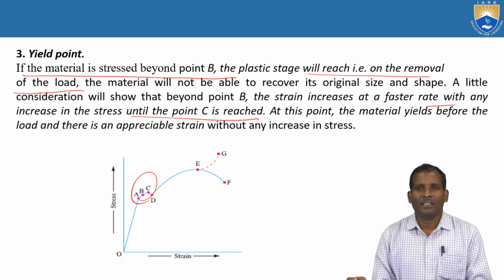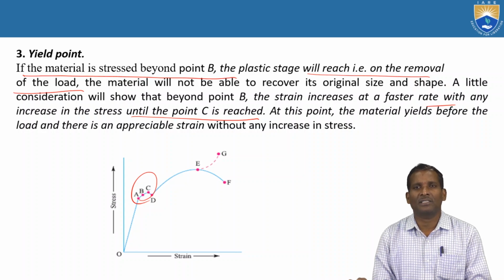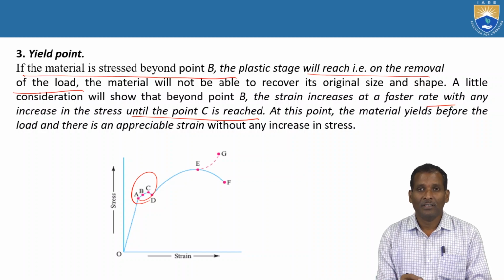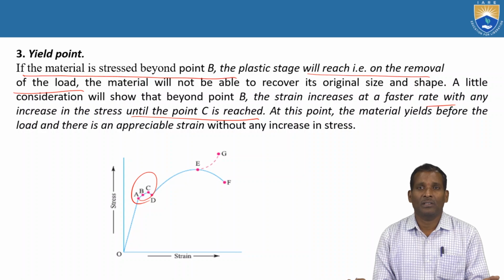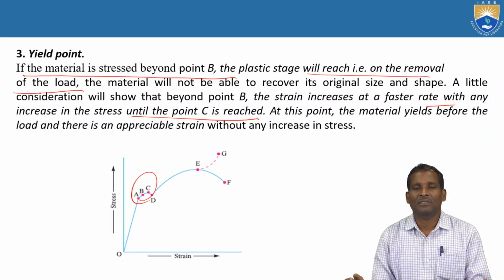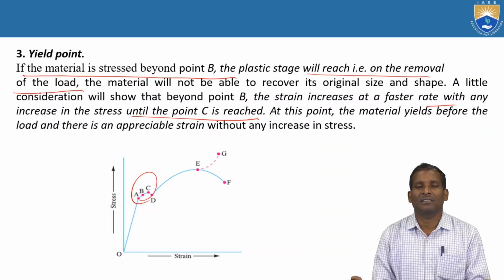At this point, the material yields before the load and there is an appreciable strain without any increase in stress. So at this point we are not increasing the stress, yet the appreciable strain still occurs. Due to the yielding, this state is called the yield stress state, the plasticity zone.